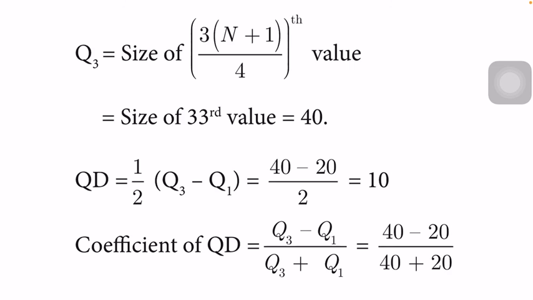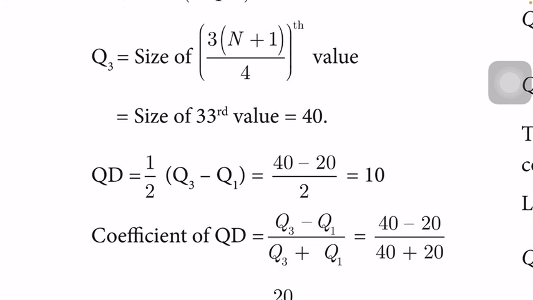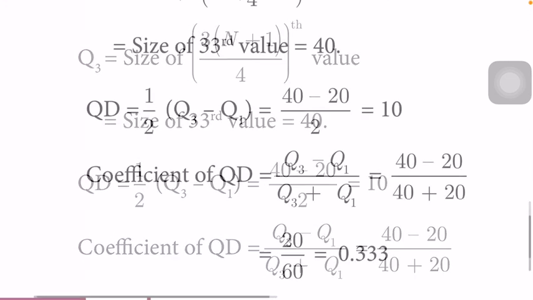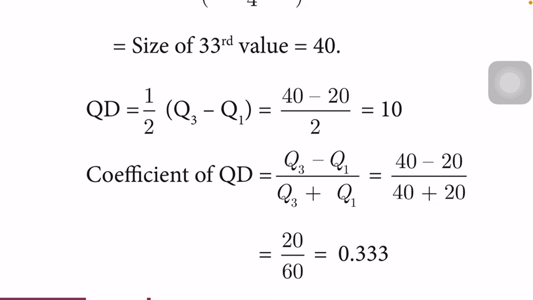This is the formula to calculate it. So, 40 minus 20 divided by 40 plus 20, that is 20 divided by 60, which is equal to 0.333. That is the coefficient of quartile deviation.